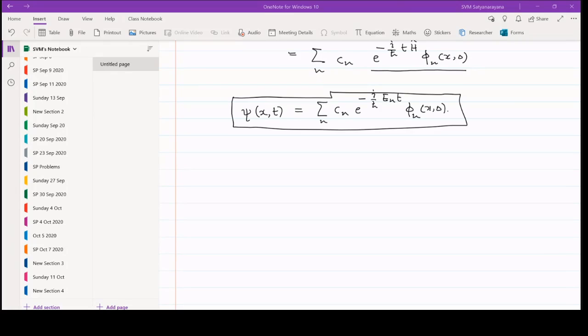But when we measure position or momentum, at that time it should be position eigenstates or momentum eigenstates. Then how are these two equal: psi of x equals summation of Cn phi n, where phi n is the energy eigenstate, and another one, psi equals summation of Cn chi n, where chi n is the position eigenstate?